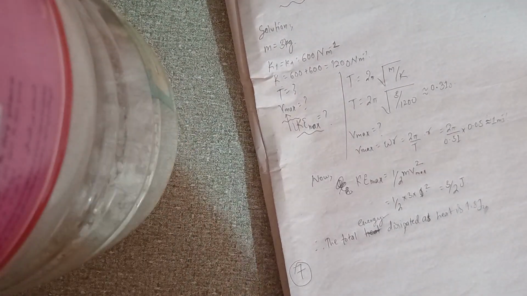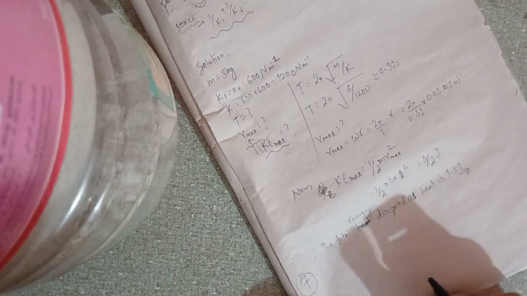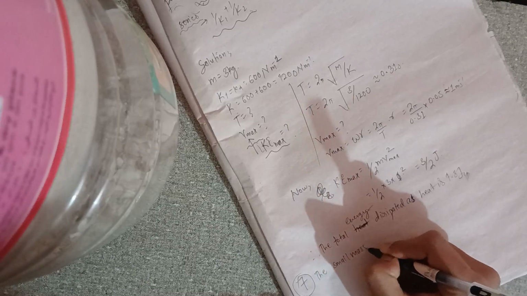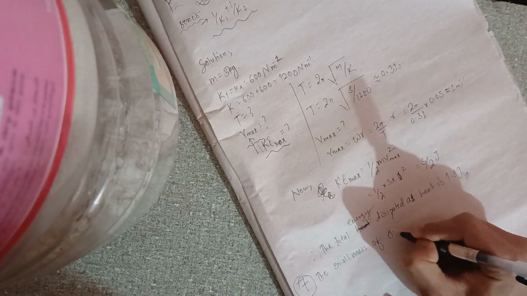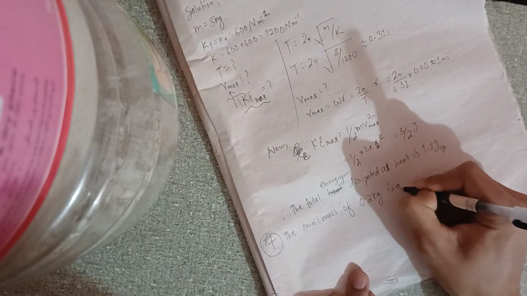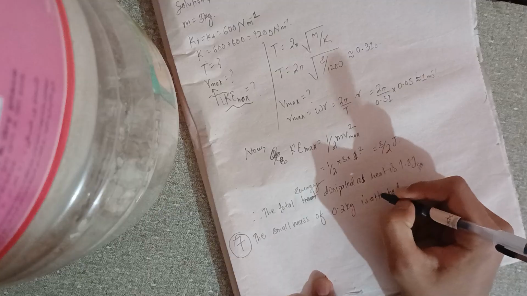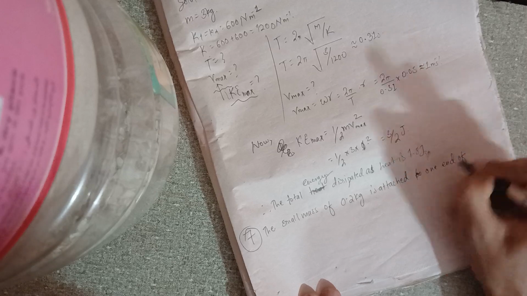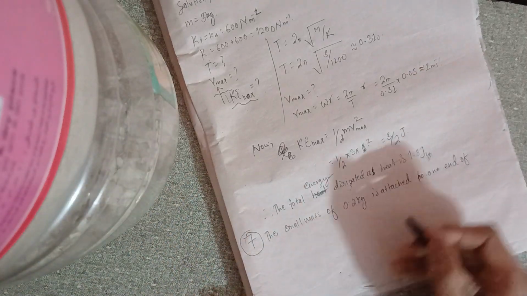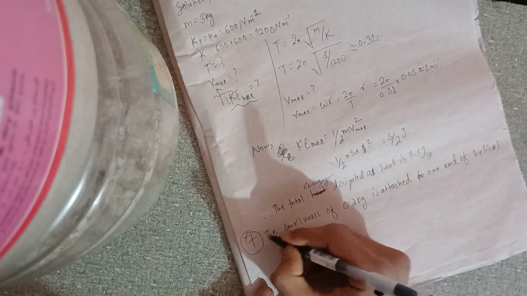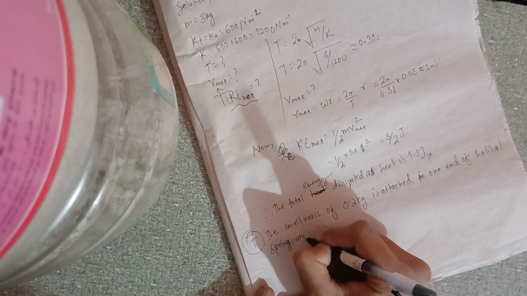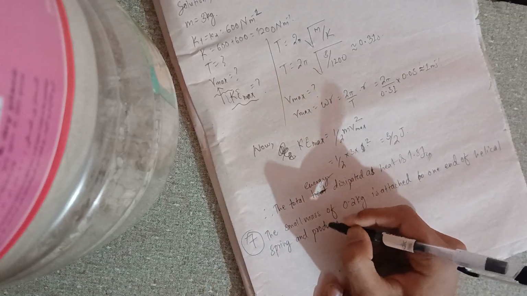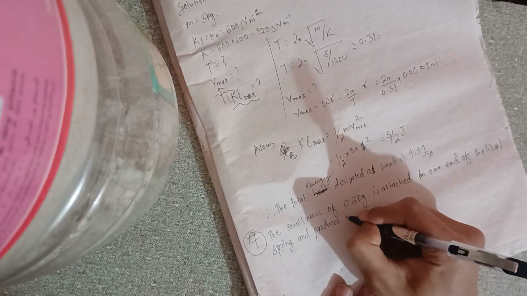Okay, so we have question number 7 right here. The question says: a small mass of 0.2 kg is attached to one end of a helical spring and produces an extension of 15 millimeters.